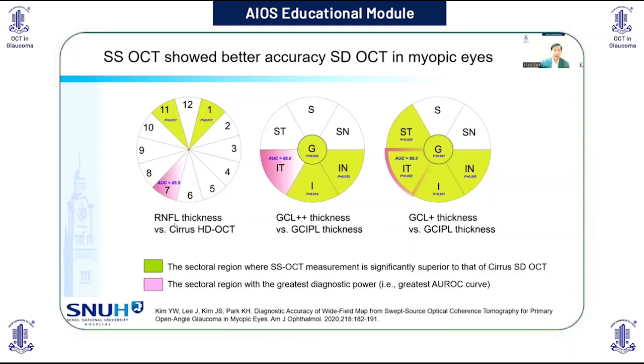So RNFL thickness, GCL2 plus versus GCIPL thickness, and GCL plus versus GCIPL thickness, in those circumstances, swept source OCT showed better accuracy in those sectored areas. I think it is because swept source OCT had a wider area of scan, and also it has its own normative database.